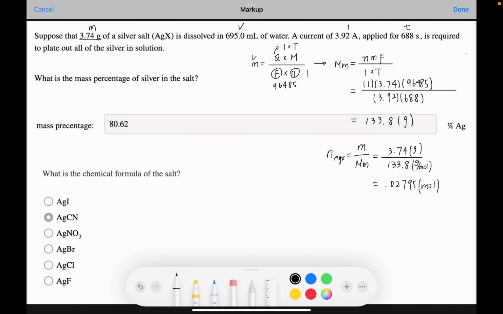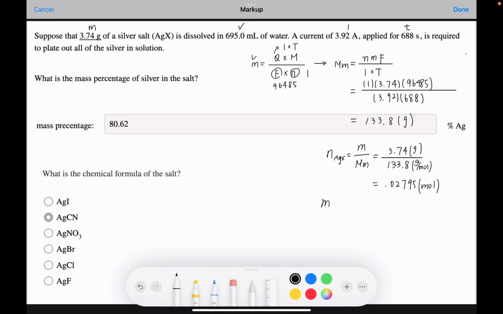Okay, so right now we wanted to calculate the moles of silver. How we calculate is that we know that the mole ratio of silver salt and silver is a 1-to-1 ratio. So we know that the moles of silver salt will be equal to the moles of silver, which will also equal 0.02795. So we want to calculate the mass of it.